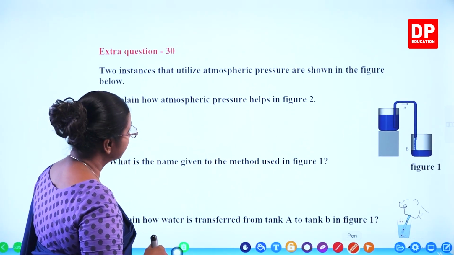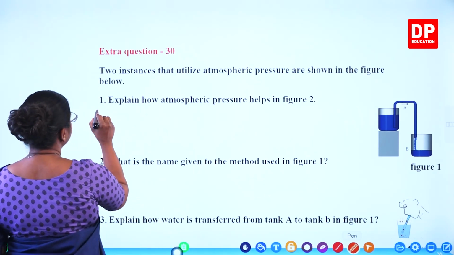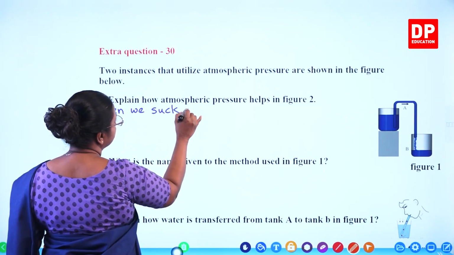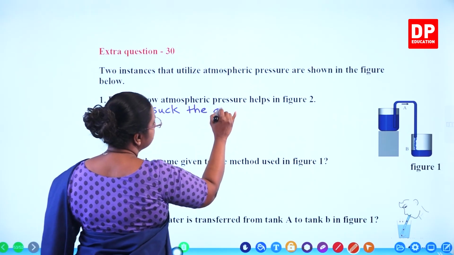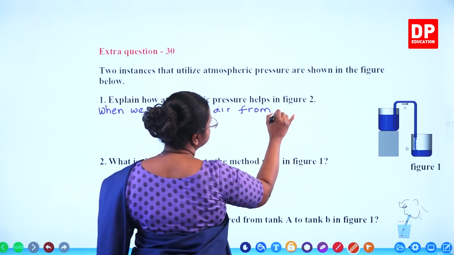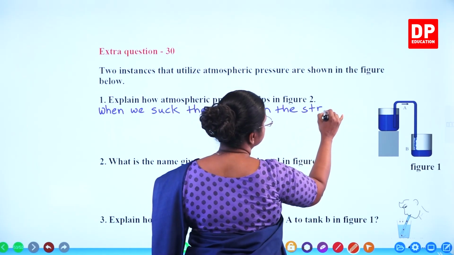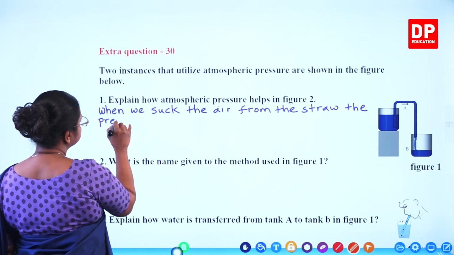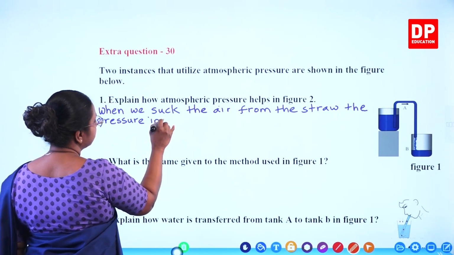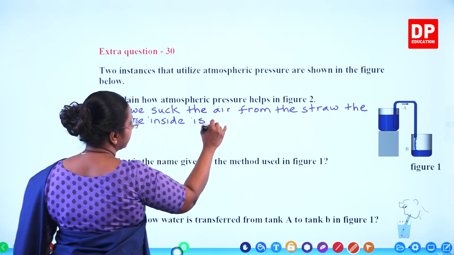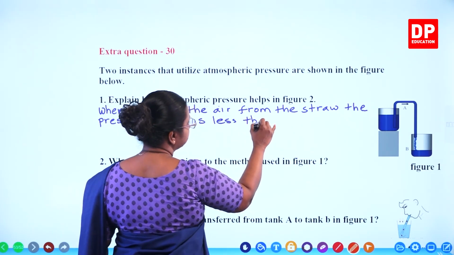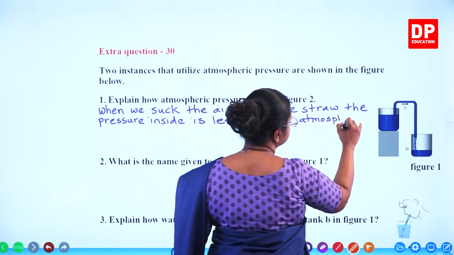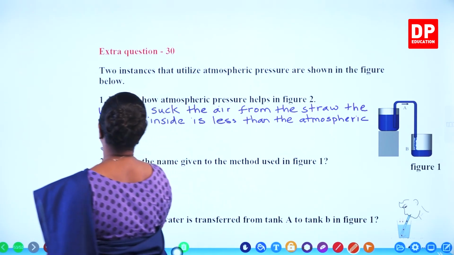So that is the explanation that we need to give. Explain how atmospheric pressure helps in figure 2. So when we suck the air from the straw, the pressure inside is less than the atmospheric pressure.